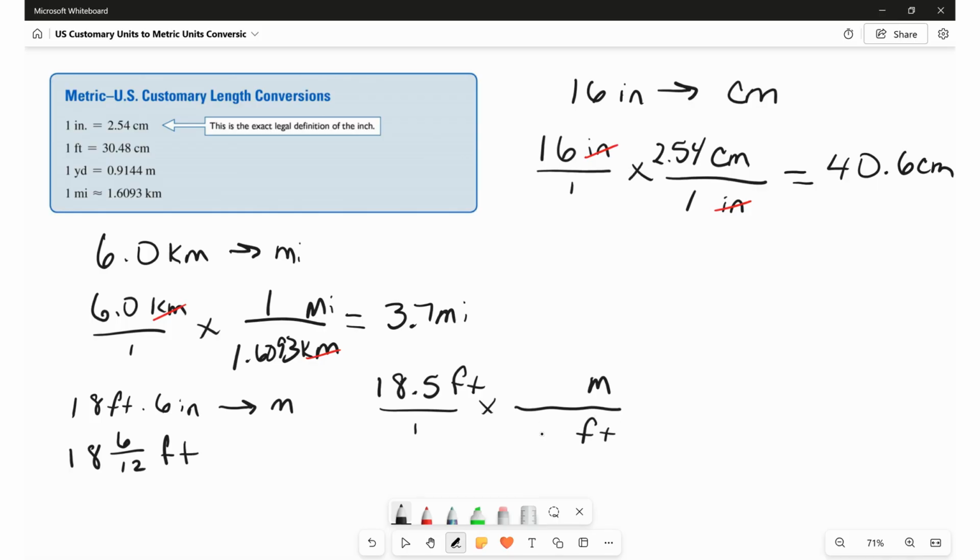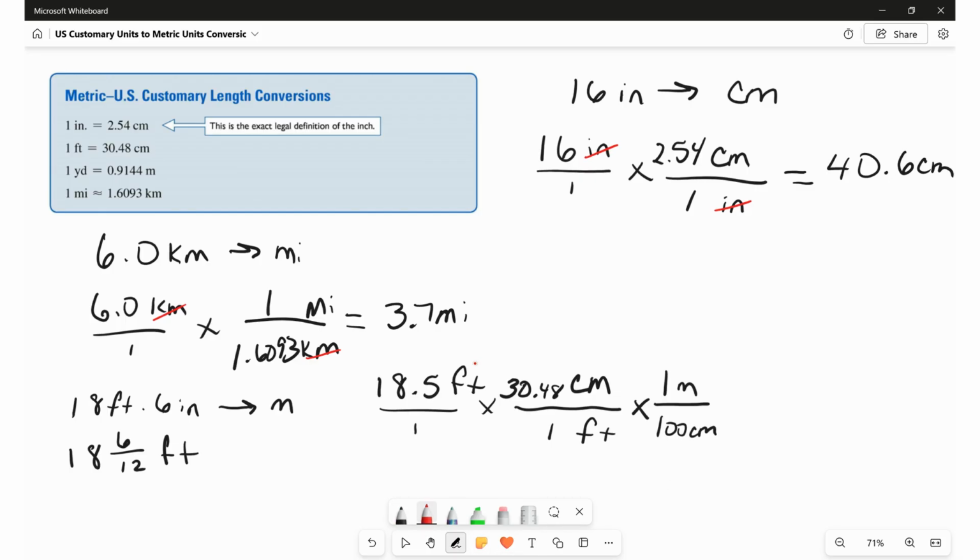We don't have a conversion for feet and meters, but what we do have is one for centimeters. So we can say 30.48 centimeters over 1 foot, and then also multiply that by 1 meter over 100 centimeters.